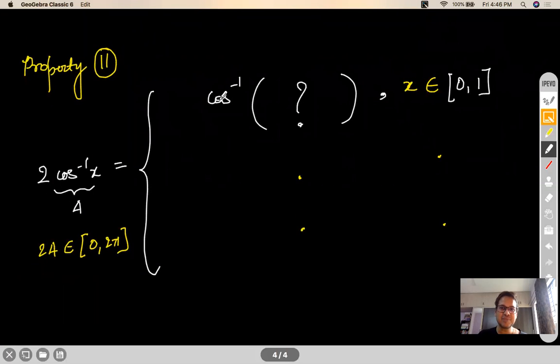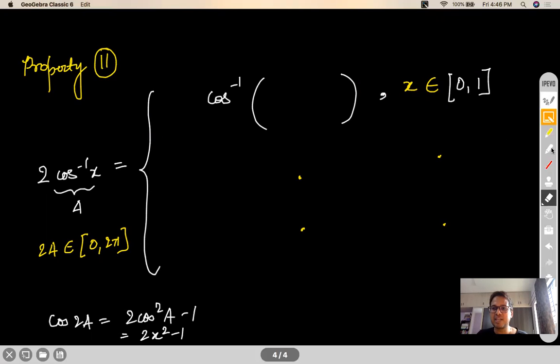What is cos 2a in terms of cos a? This everybody knows. Cos 2a in terms of cos a is 2 cos square a minus 1. Correct? And cos a is x. Right? So this question mark will actually be 2x square minus 1. Nothing to remember. Everything will come from your basic trigonometry and of course your interval analysis.